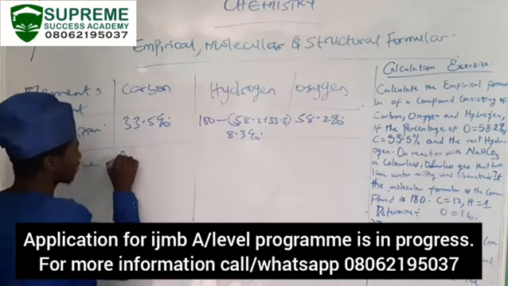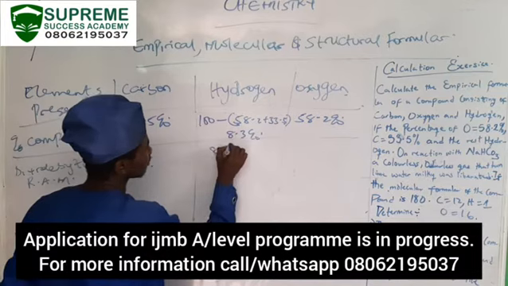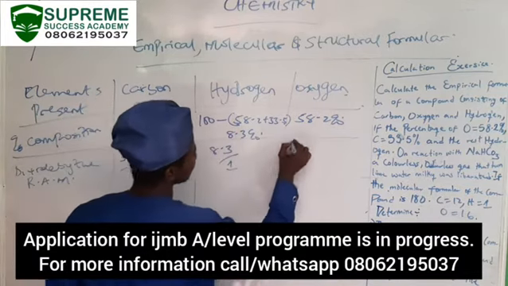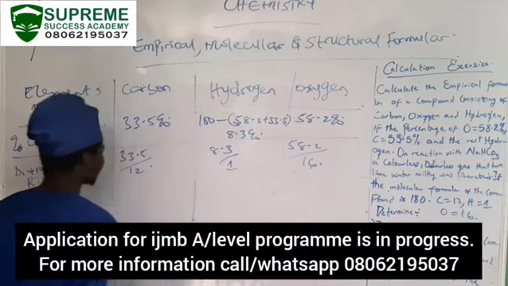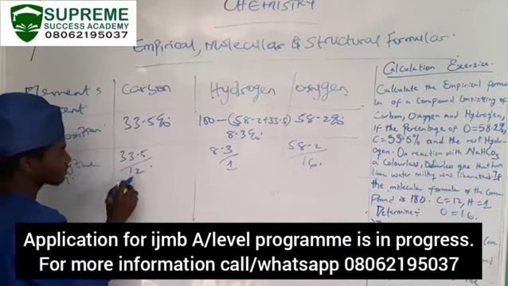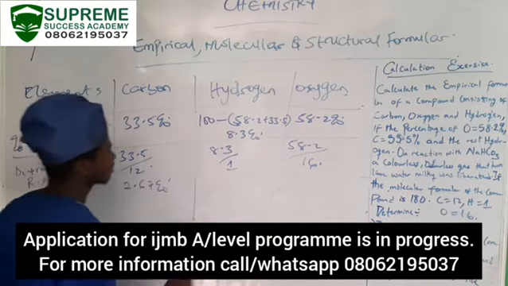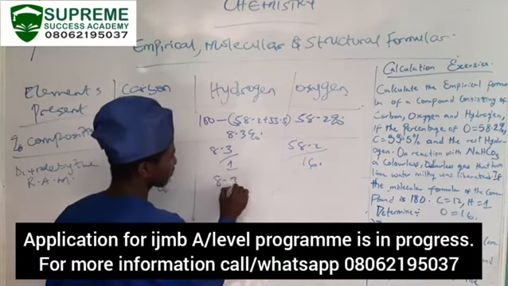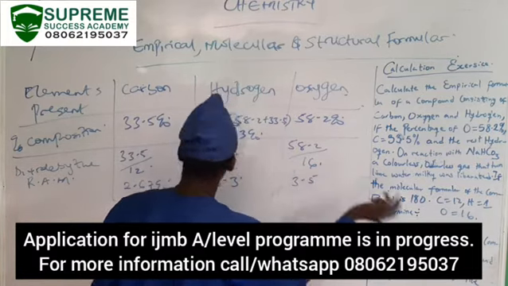Carbon is 33.5 over 12, hydrogen is 8.3 over 1, and oxygen is 58.2 divided by 16. 33.5 over 12 gives approximately 2.79, 8.3 over 1 gives 8.3, and this gives me 3.5 thereabout.